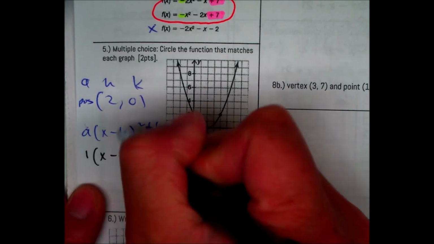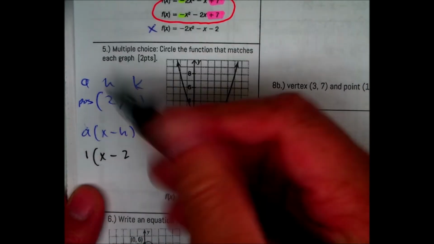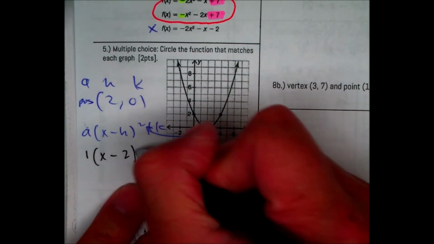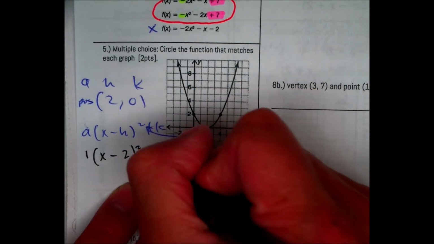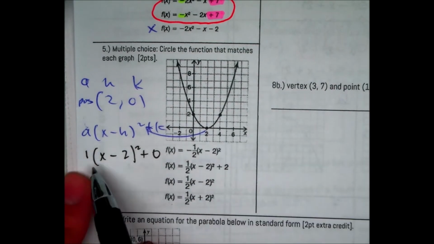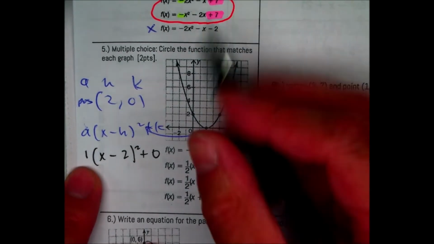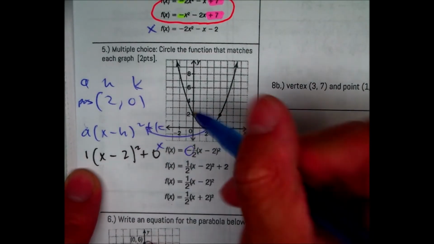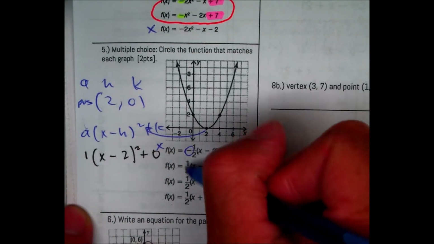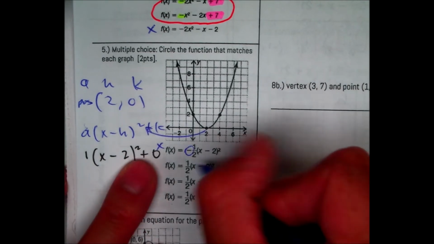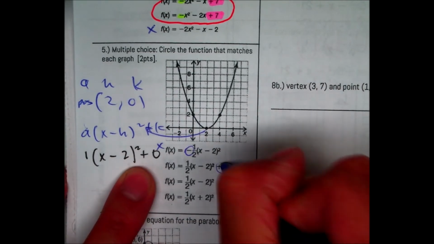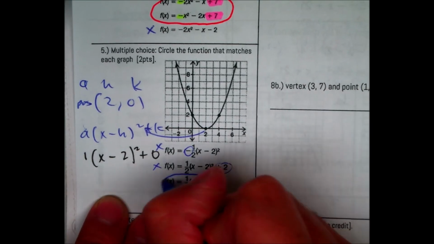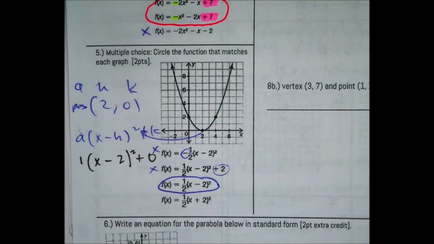My h value is positive, remember, I'm not cleaning that negative sign, so h value is 2 there, squared plus 0. So I just have to have a positive number in front. This one has a negative there, so it's not that one. This one has plus 0, which means you write nothing, so it can't be that one. We have these two choices, and it will be this third one. That is your correct answer.